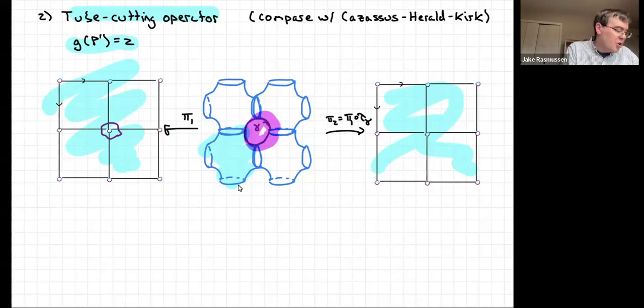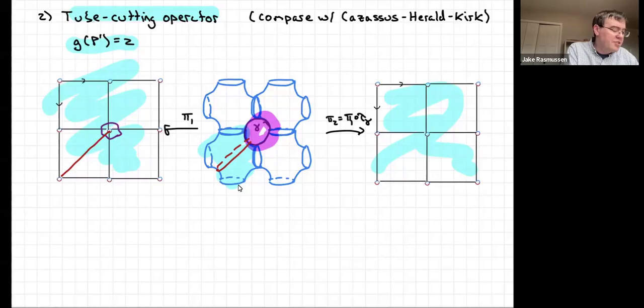So maybe it's a good case to explain what the push-pull really looks like. Say, for example, that I had this red curve here running between two boundary components. That's a non-compact curve, but in this picture it would pull up to a compact curve that looks like this.